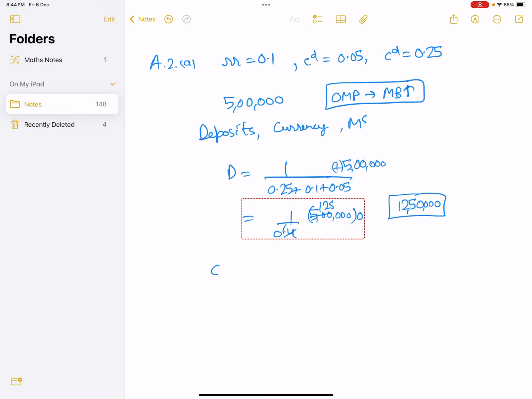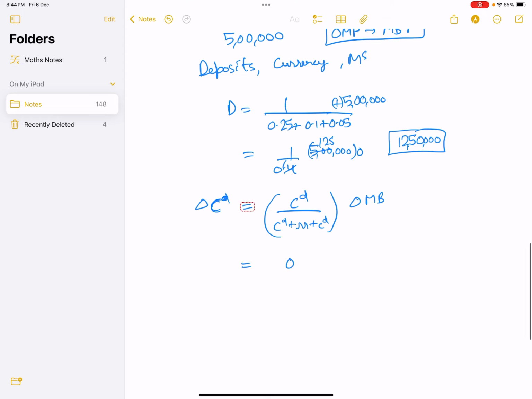Similarly, if you want to find by how much the currency is changing, the change in currency holdings would be CD upon (CD plus RR plus ED) into the change in monetary base. This is nothing but 0.25 upon 0.4 into 5 lakh.